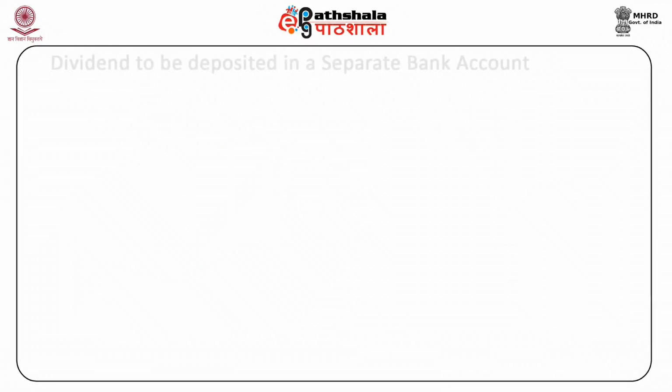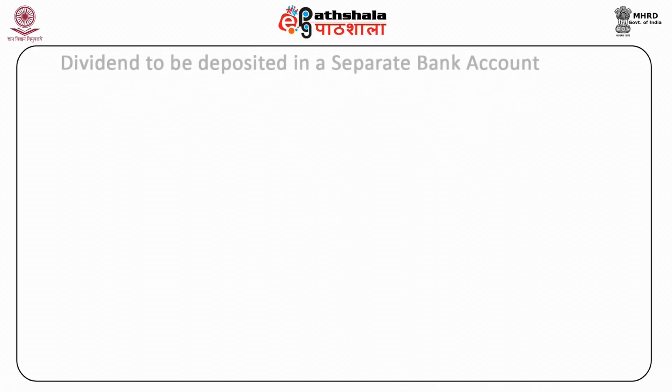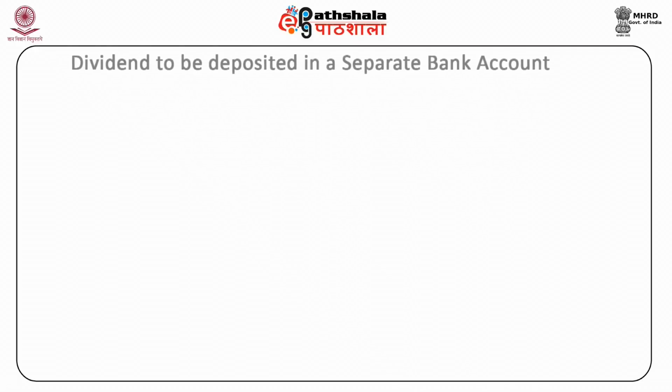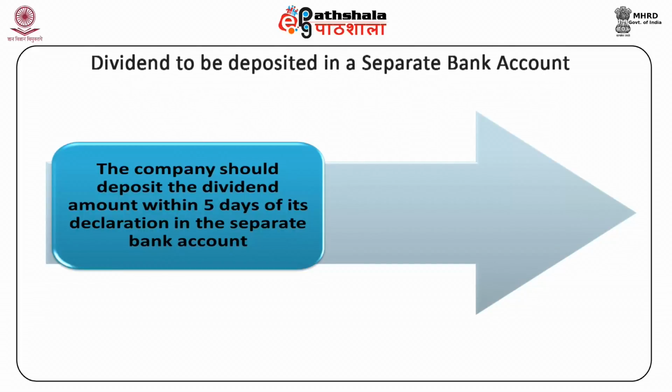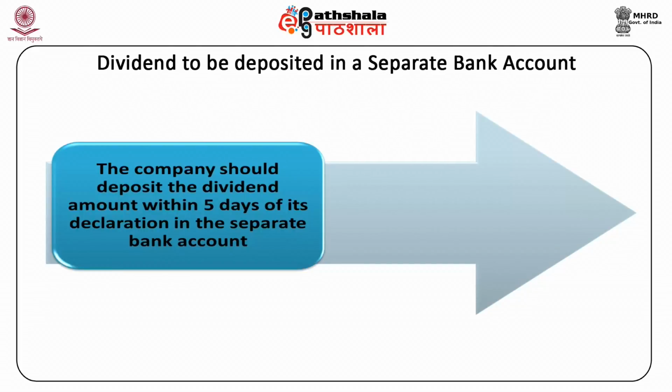Dividend to be deposited in a separate bank account. The company should deposit the dividend amount, including interim dividend, within 5 days of its declaration in the separate bank account opened for this purpose.